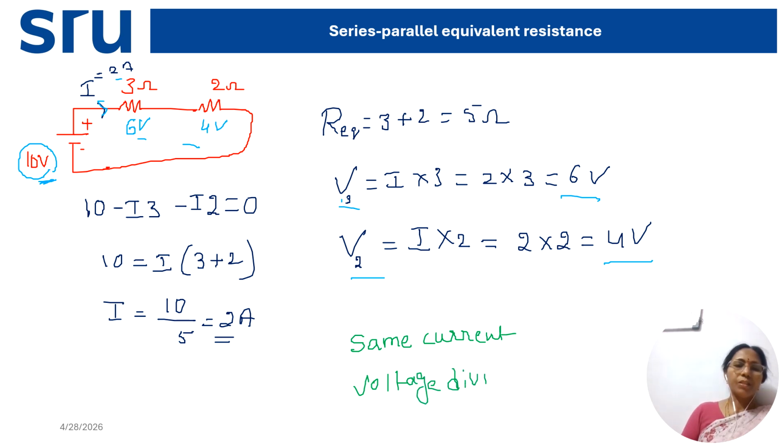The total 10 volt is divided into 6 volt and 4 volt among the two elements. So this is about the series circuit.